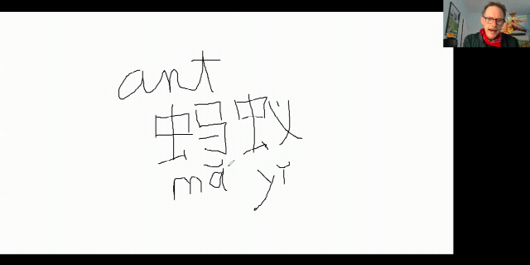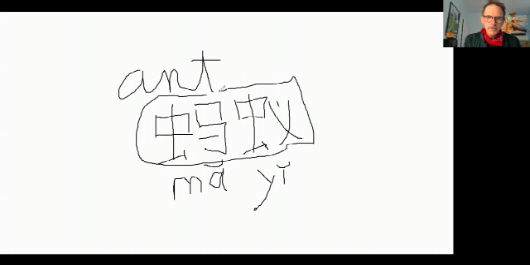You see that ma, yi, ma, yi. This is the expression in this entire, these two characters are the word for ant in Chinese, a lot more complicated than in English, no?